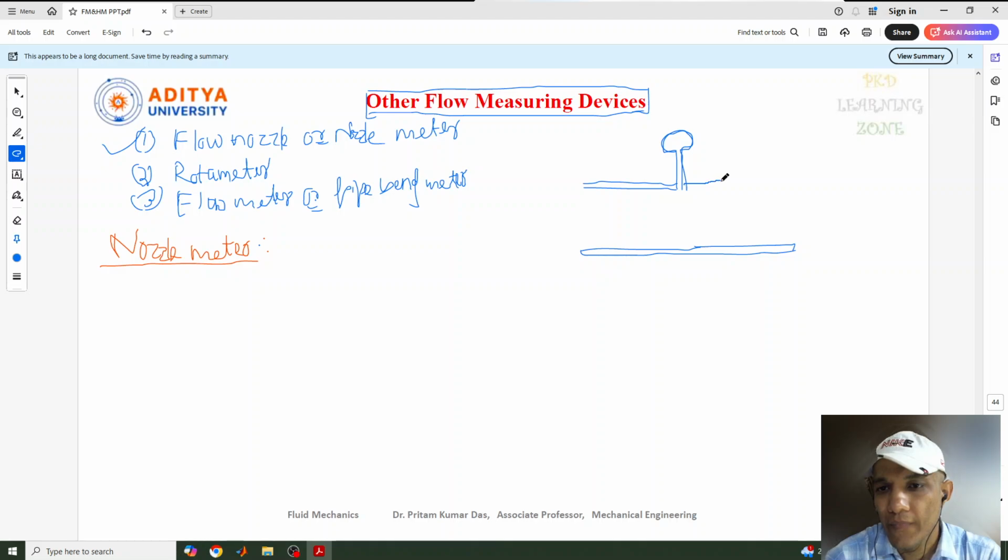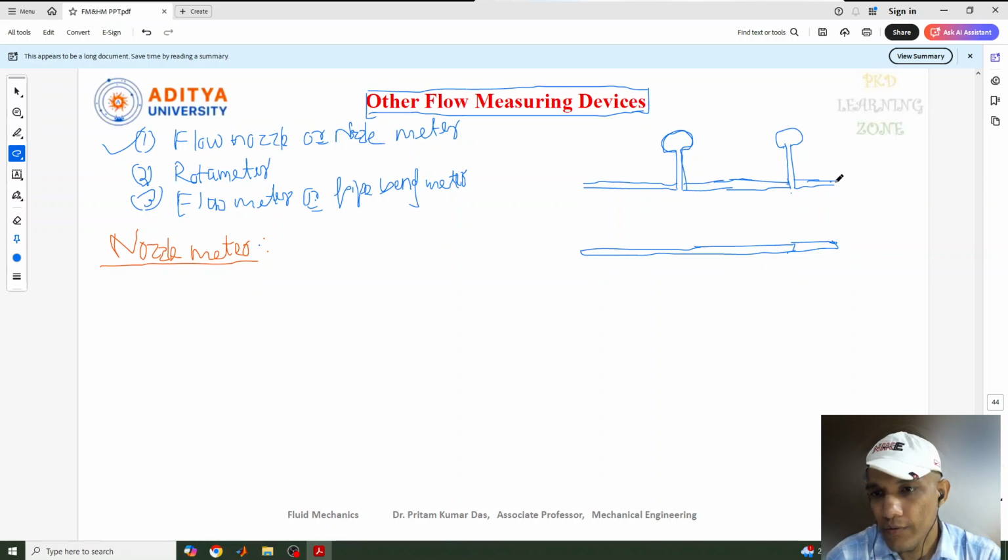And similarly, extending this, here also another pressure measuring device or pressure gauge.